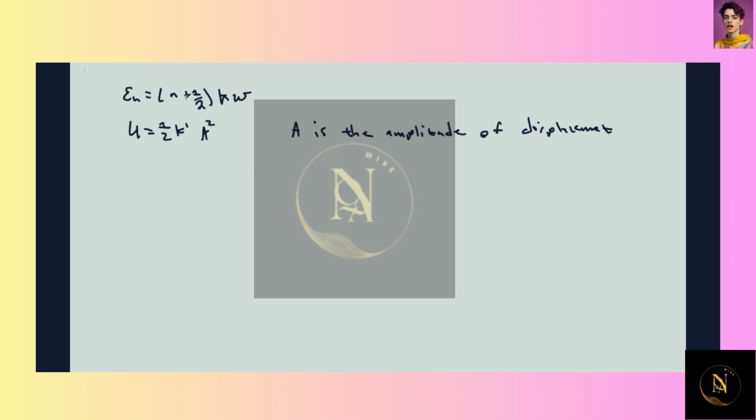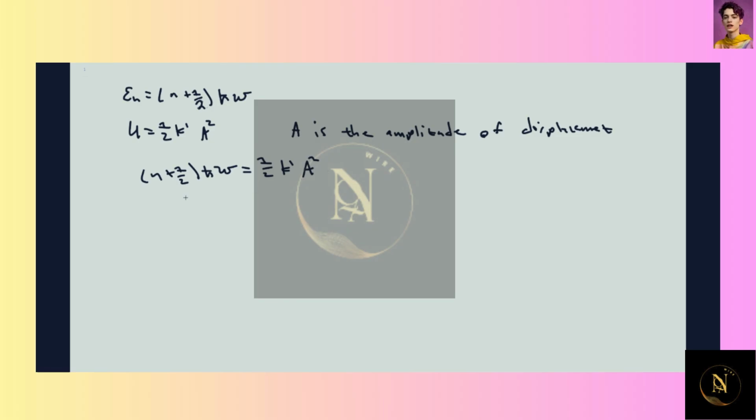Now at the classical turning points, the kinetic energy of the particle is 0. So the total energy is equal to the potential energy. So we can state that n plus one-half h bar omega is equal to one-half k prime a squared.